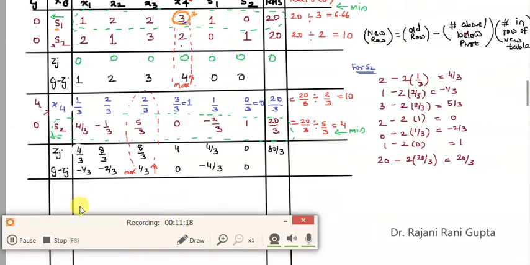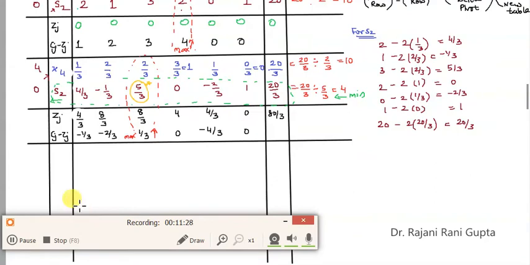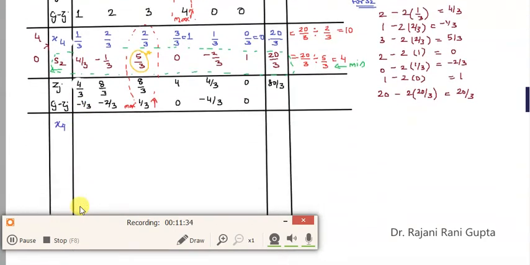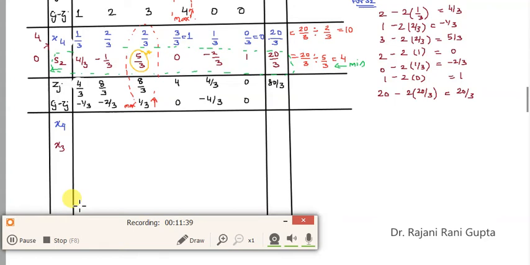So it means S2 is leaving, and this is your key row. And what is the pivot number here? Yes, 5 over 3. This is your pivot number. So now the position of x4 is the same. In place of S2 we are getting x3, and then we will do the same calculation. So we have to divide this entire row by the pivot number.